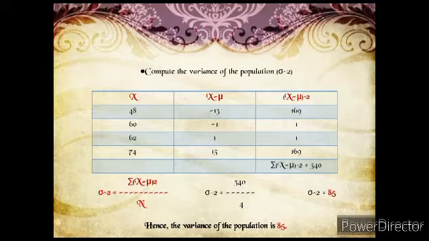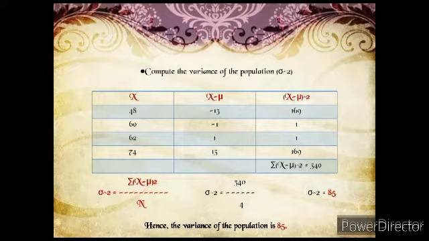The third column contains the answers when solving x minus mean squared. So, negative 13 squared is equal to 169, negative 1 squared is equal to 1, 1 squared is equal to 1, and 13 squared is equal to 169. On the bottom part of the third column, you can see the sum of all x minus mean squared equals 340.